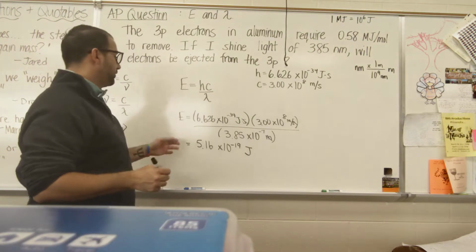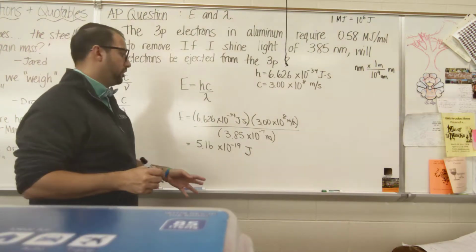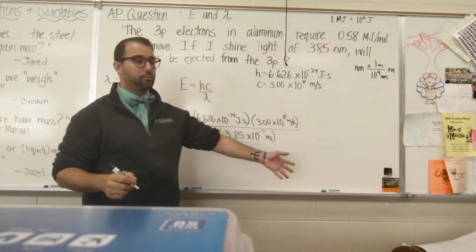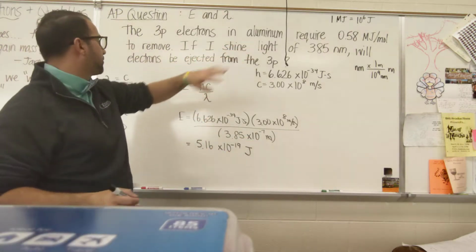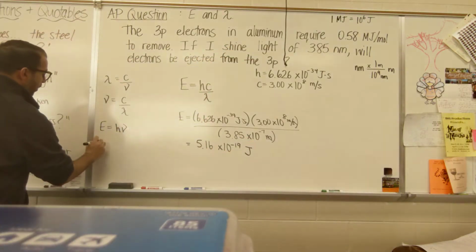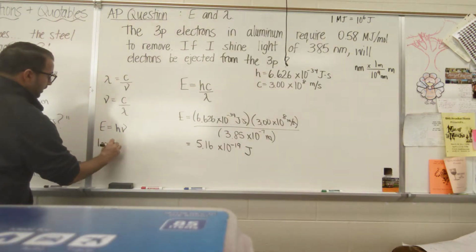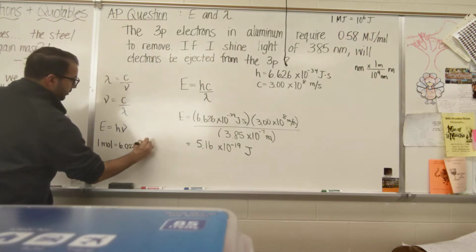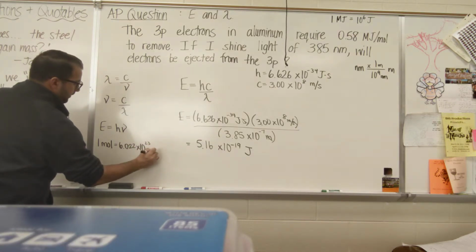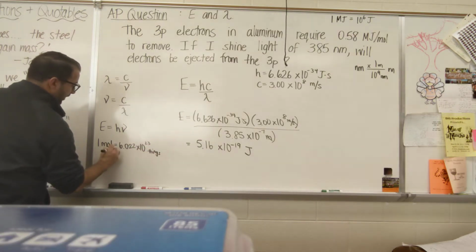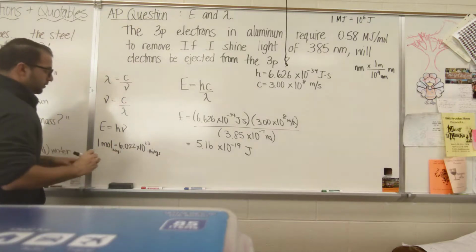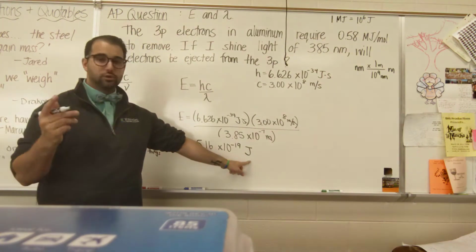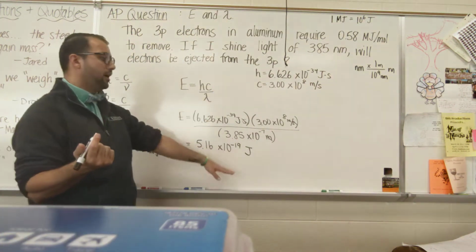I could convert this joules to megajoules if I wanted, or I could convert this joules into per mole. If it says per mole, remember that 1 mole is equal to 6.022 times 10 to the 23rd things. 1 mole of things is equal to 6.022 times 10 to the 23rd things. This is only joules for 1 electron.